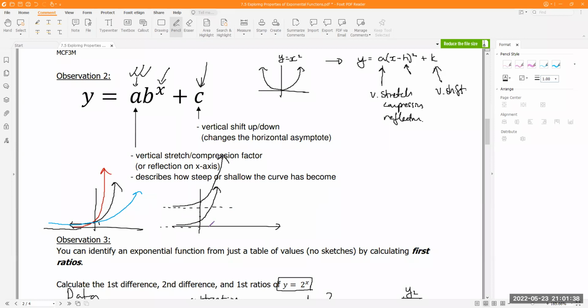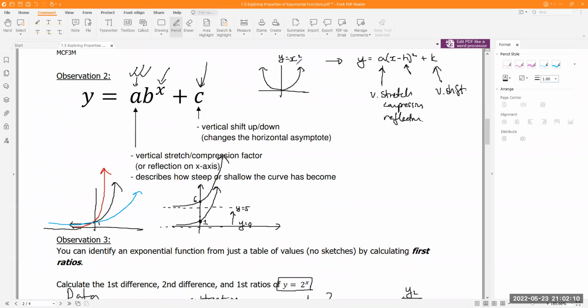It used to be at 0, but if I vertically shift 5, then my asymptote, which used to be y equals 0, is now y equals 5. What does that mean? Well, the main significant thing, I think: my y-intercept was a 1, but now my y-intercept is a 6. Where I cross the y-axis when x equals 0 will depend on that c value.